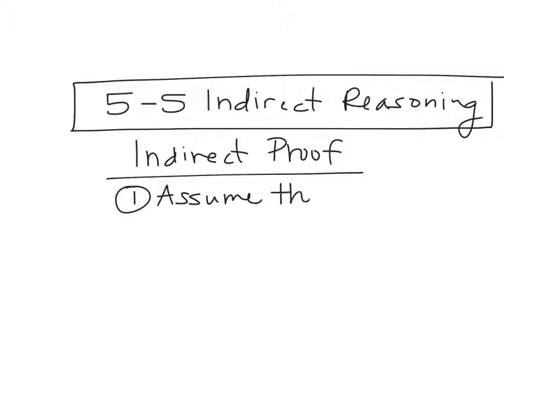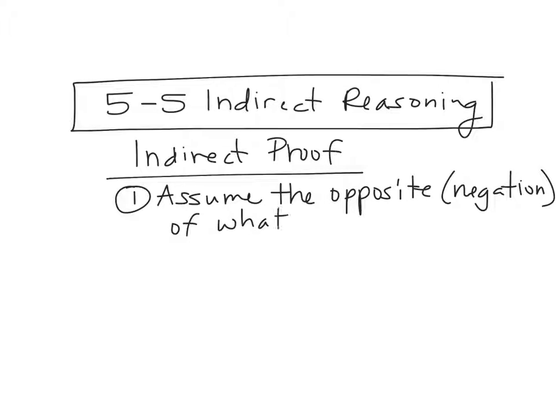Assume the opposite, which the book calls the negation of what we're trying to prove. Okay, assume the opposite of what it is you're trying to prove is your first step.